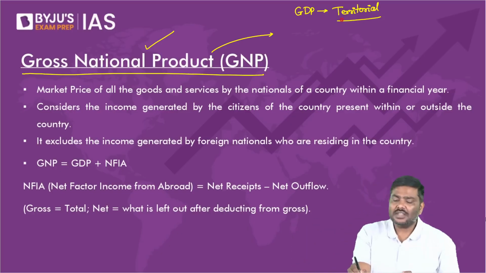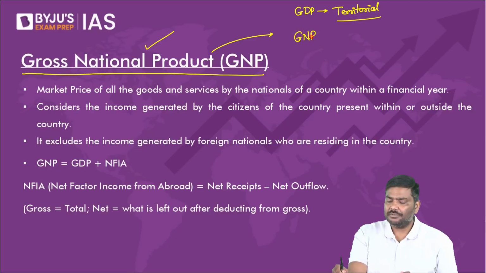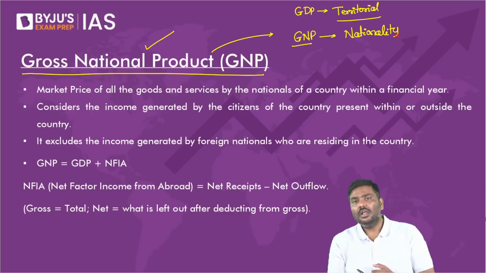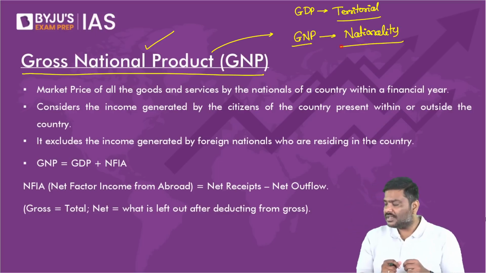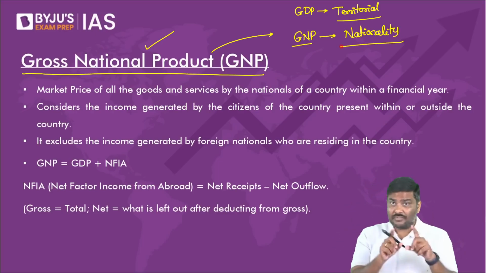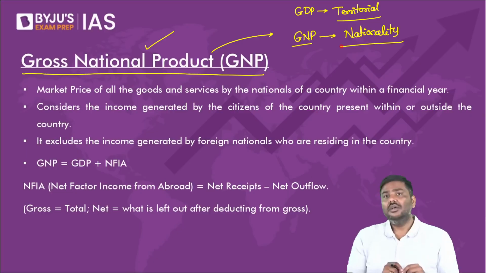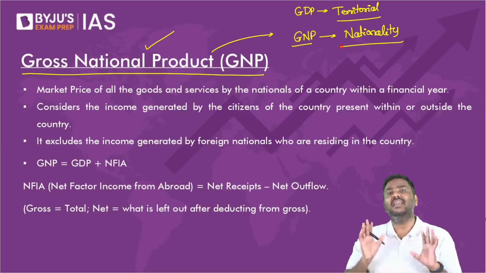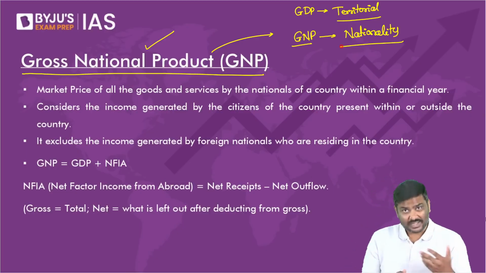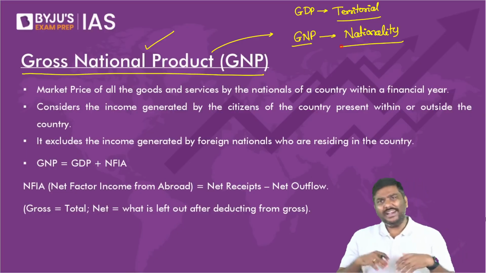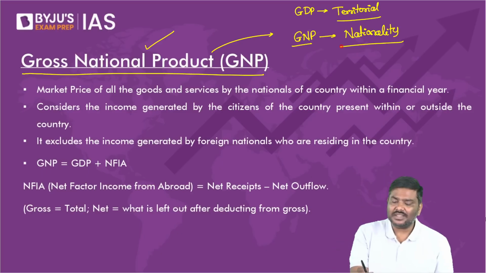Whereas gross national product is a nationality concept. What do you mean by nationality? How much is the market price of final goods and services produced by all the Indian residents? Technically, there's a term called resident, but don't worry.